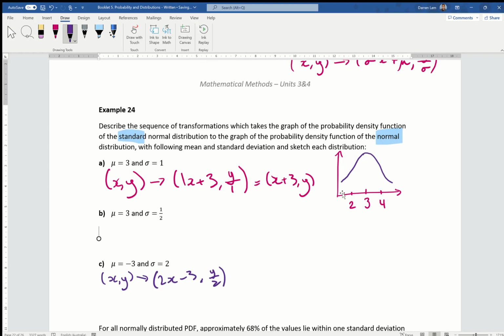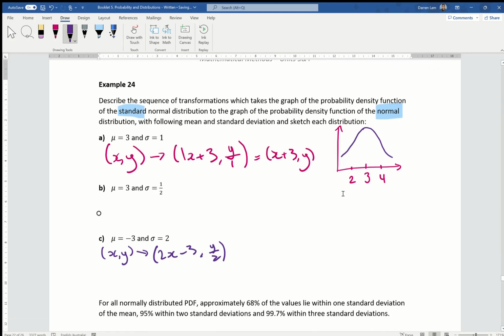So if we were to write down an answer, we'd say a dilation of 2 along the x-axis. We'd say a dilation of a half along the y-axis. And we'd also say a translation of 3 units to the left, or in the negative direction of the x-axis.